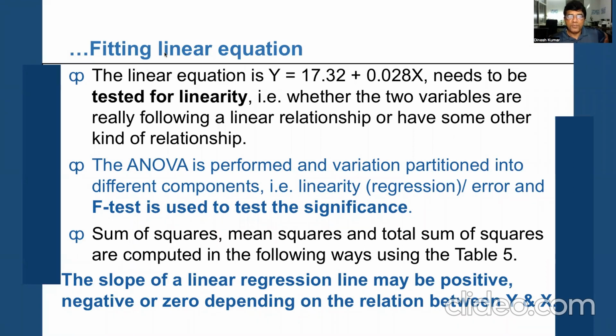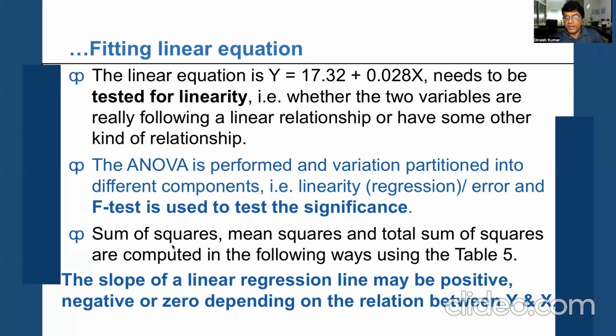ANOVA means analysis of variance, meaning the variance is partitioned into different components. So it's performed and variation is partitioned into different components, that is linearity or regression and error. Error is your residual. And the F test is used to test the significance. I have shown you sometime back. Sum of squares for regression, sum of squares for residual, and total sum of squares are calculated.